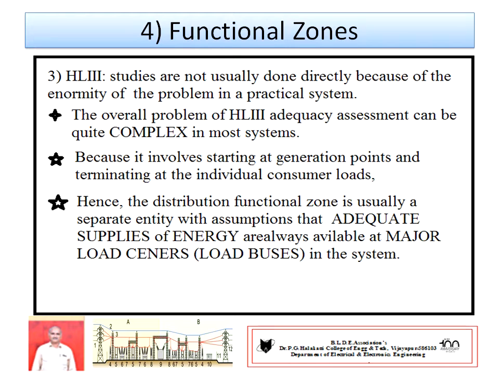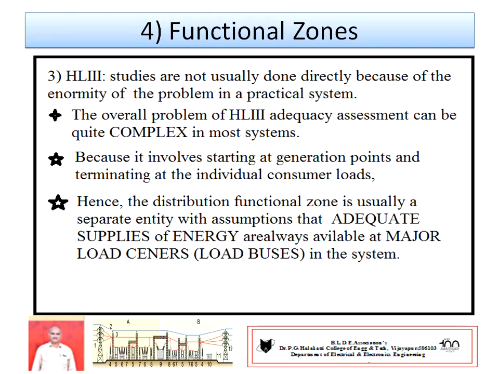HL3, the third functional zone category. The studies are usually not done directly because of the economics of the problem, as in a practical system it occurs more. This is slightly complex as compared to the first two. Therefore, overall adequacy finding is a problem.